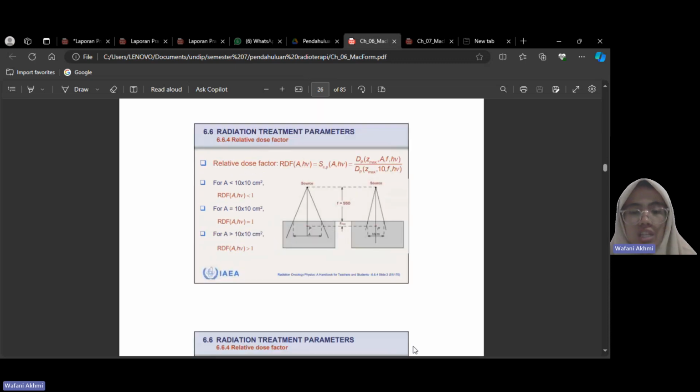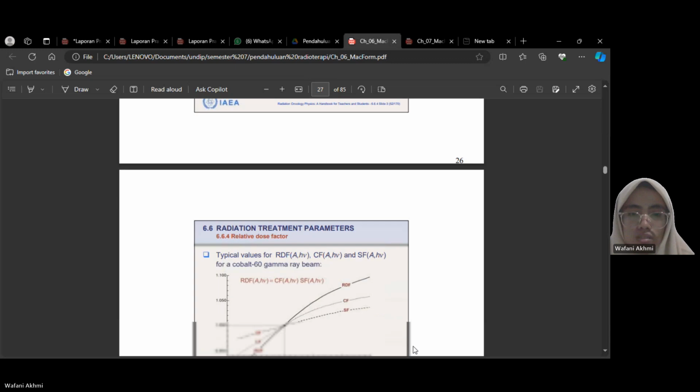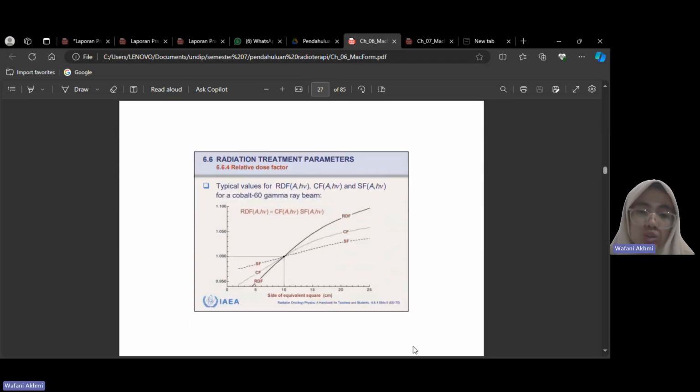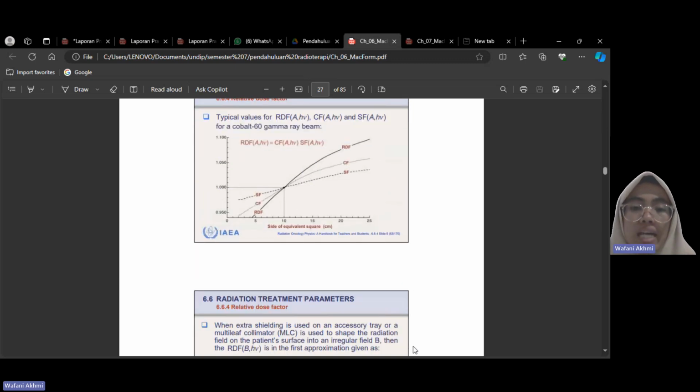This page is relative dose factor. Equal values for RDF, CF, and SF for a cobalt gamma ray beam.